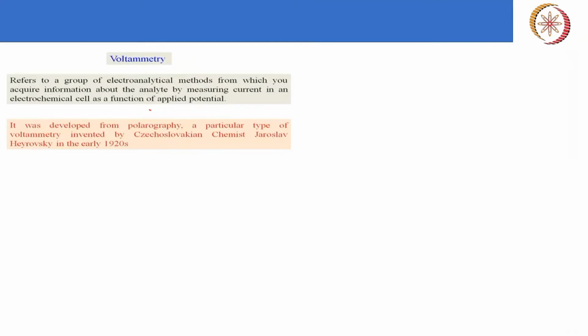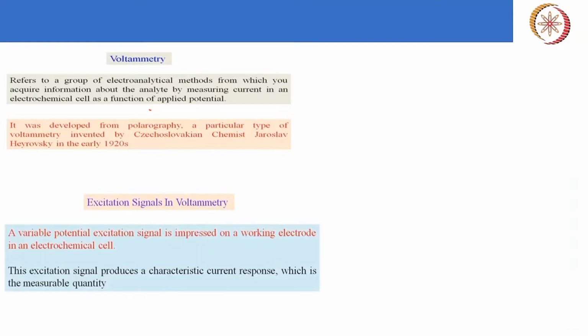As mercury is toxic and not so proper, in modern electrochemistry we use other electrochemical setups. Basically we measure the current as a function of the applied potential. This applied potential you can apply to the system in different forms.